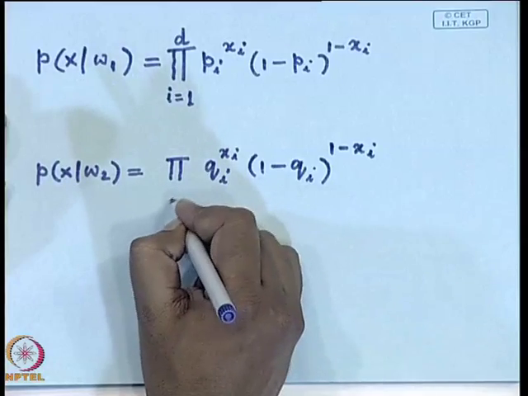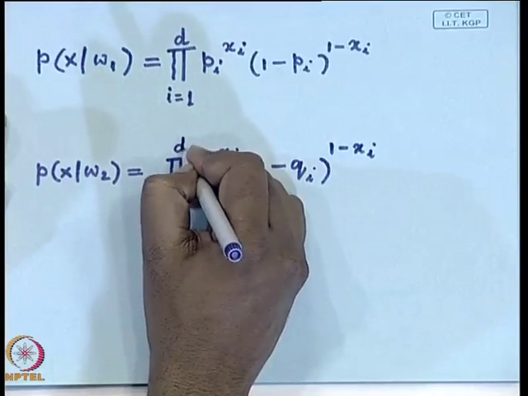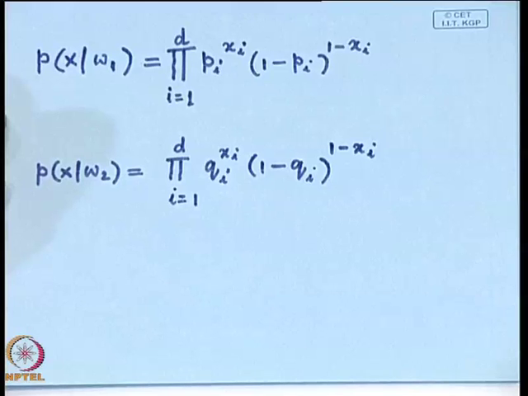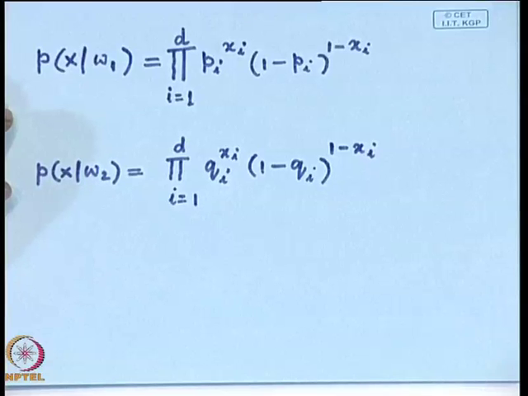Take the product from i equal to 1 to d, where d is the dimension of the feature vector. So, I have d number of components in the feature vector. Okay. So, these are the two class conditional probability values.